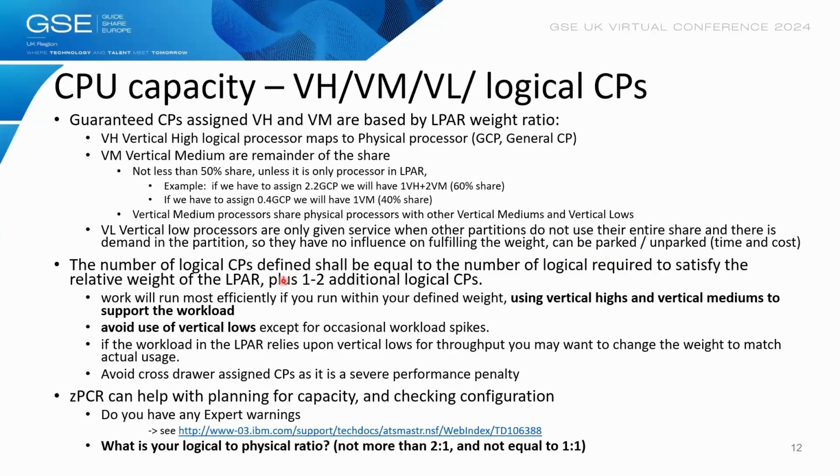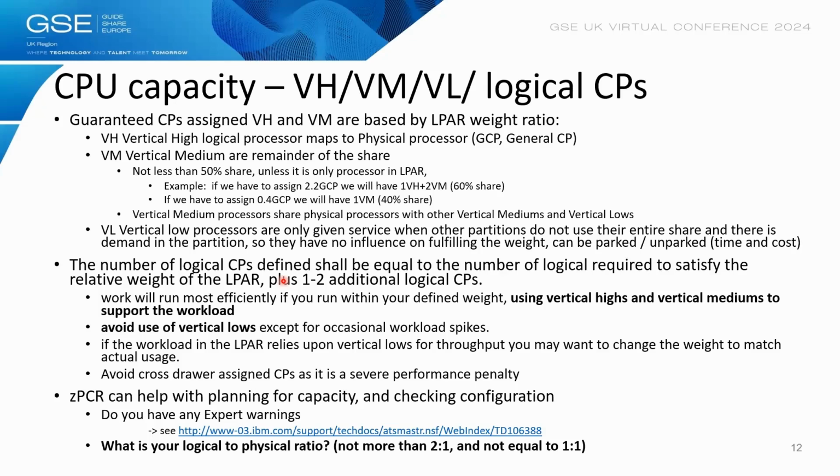Okay. So when I started to talk about CPU capacity, I need also to talk a little bit about the vertical high, vertical medium, vertical low, hyper dispatch in general, and logical CPs. With hyper dispatch equals yes, we can share processors the smart way, depending on the defined weight for the LPAR and depending on how many logical processors we have. In short, vertical high means it's a one-to-one mapping with the full general CP.